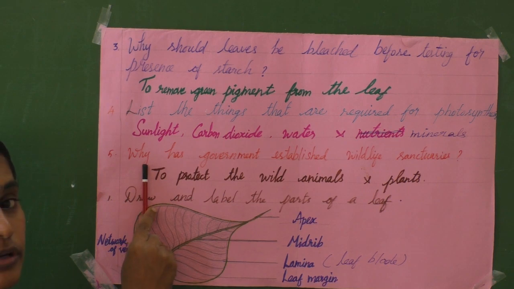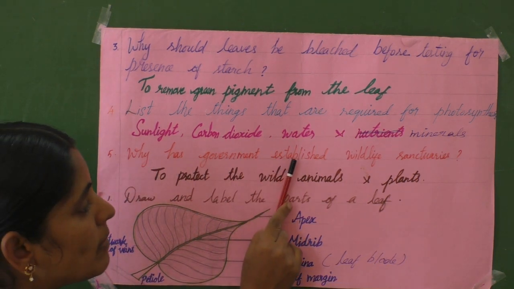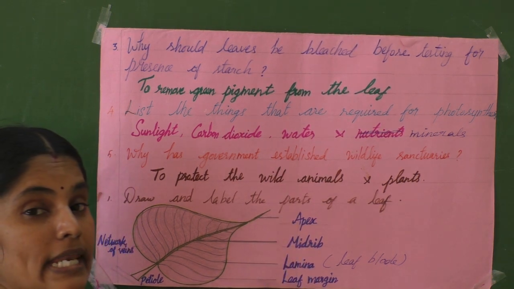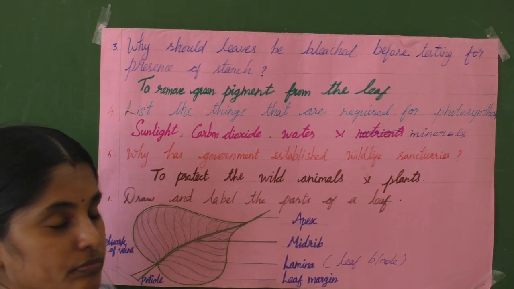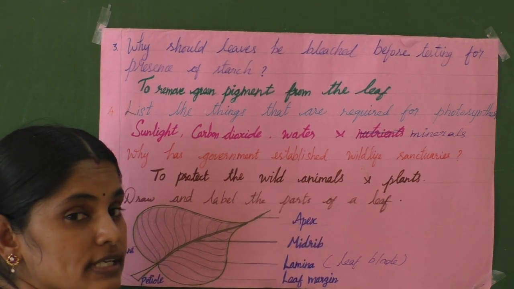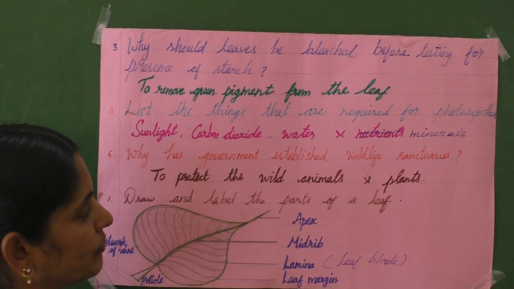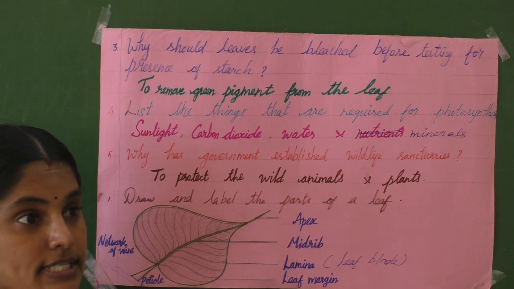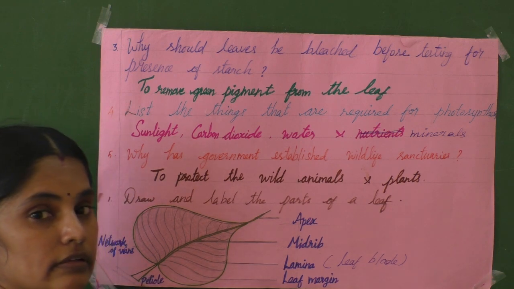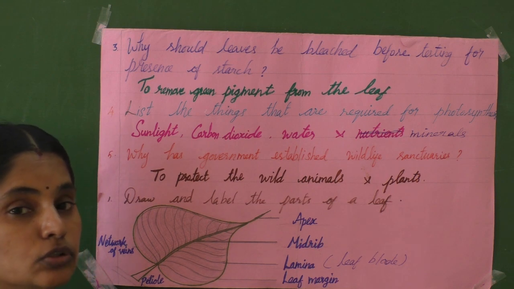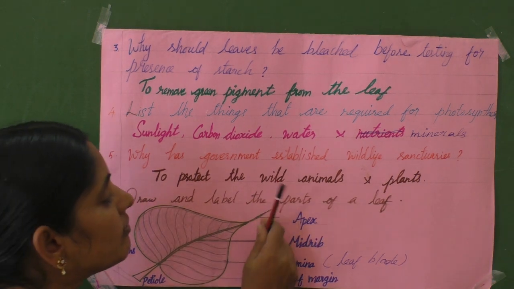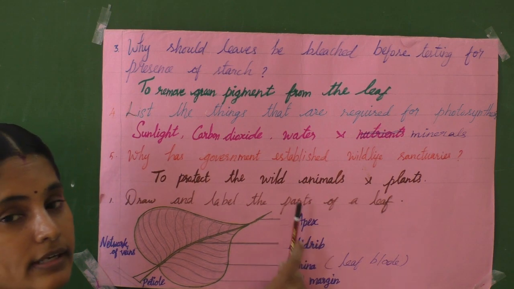Then fifth question, why has government established wildlife sanctuaries? Because to protect, to protect the wild animals. What is wild?